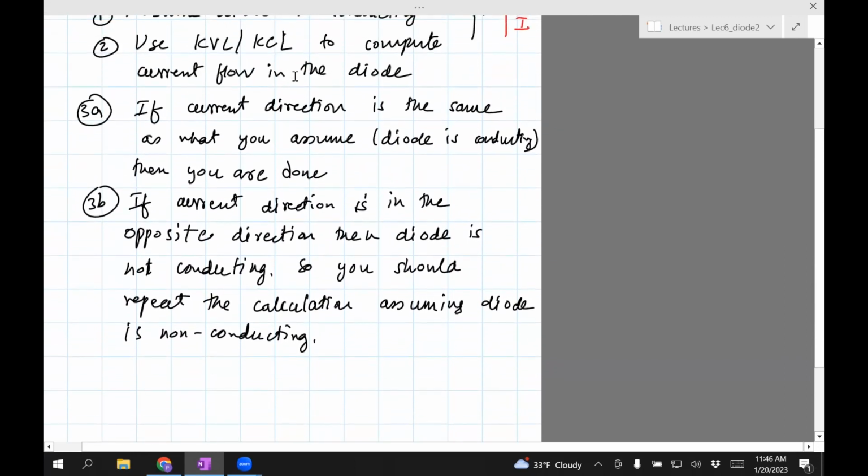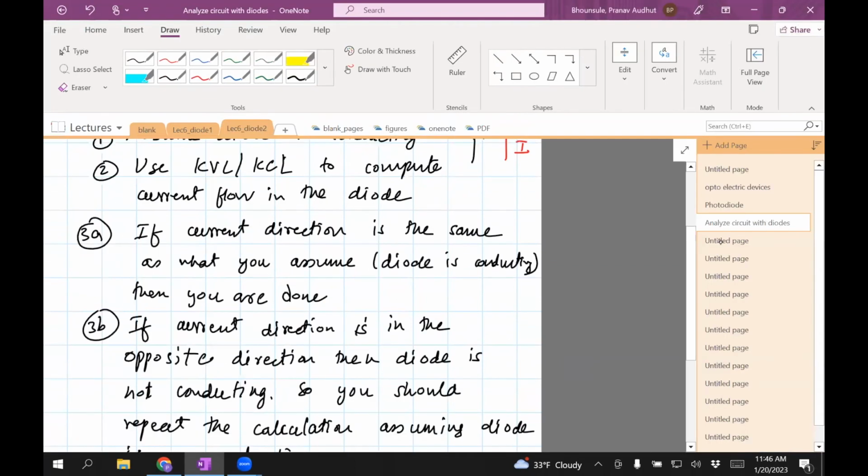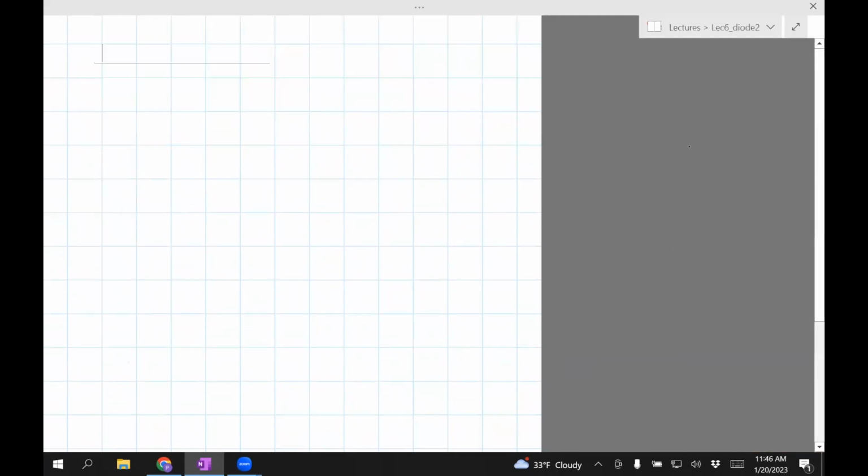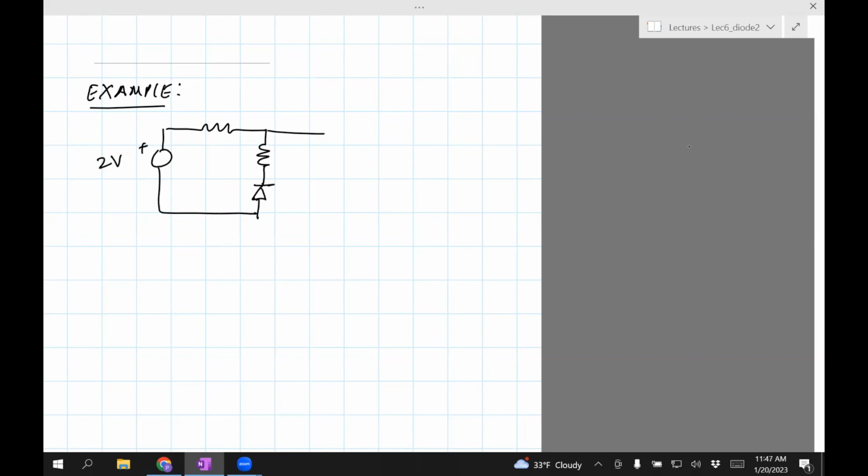Okay, here is a problem with diodes. Example: 2 volts, positive.